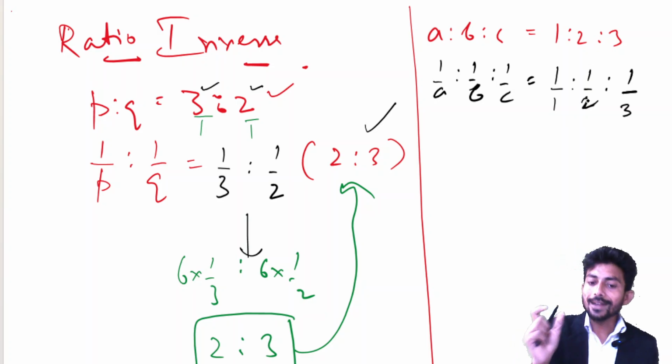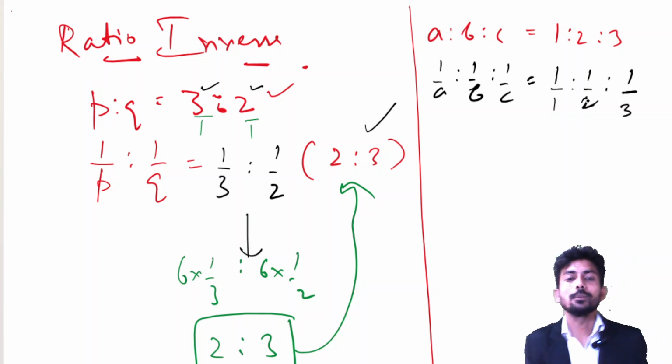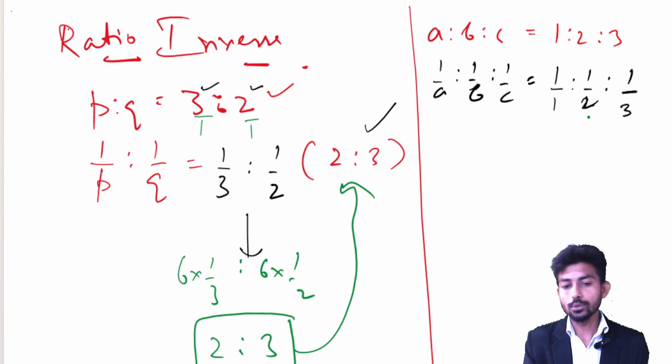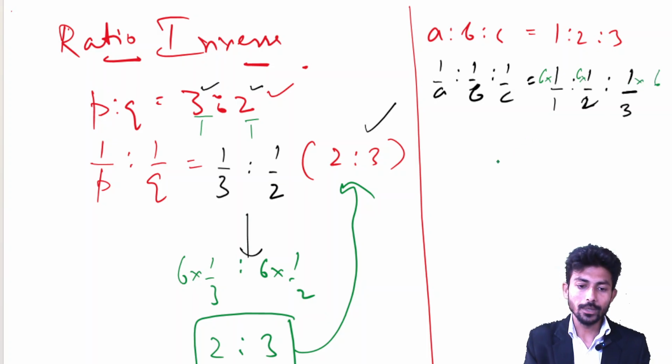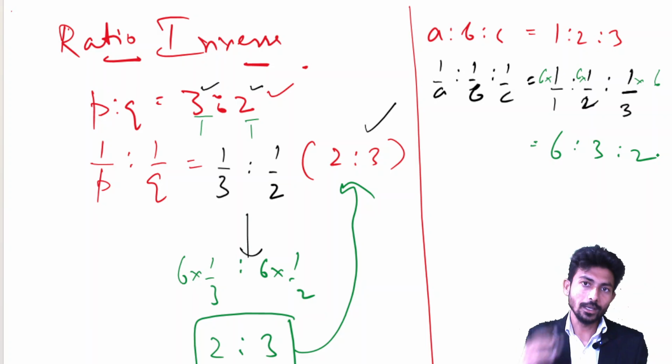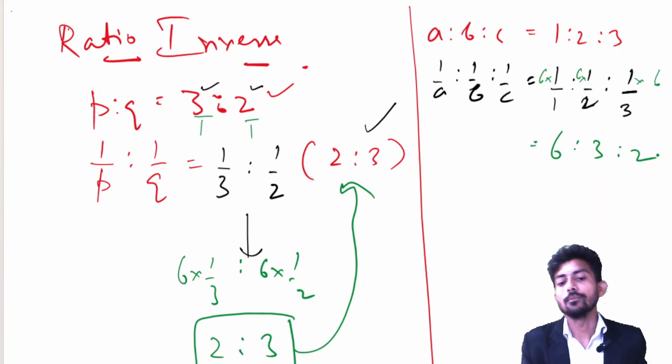Now the right hand side can be simplified to get a simpler ratio. Every part will be multiplied by 6, so I will get 6 ratio 3 ratio 2. So this is the answer, the inverse of A, B and C.